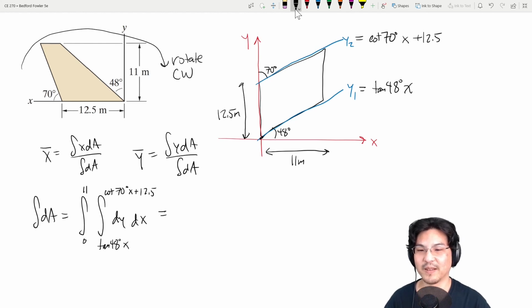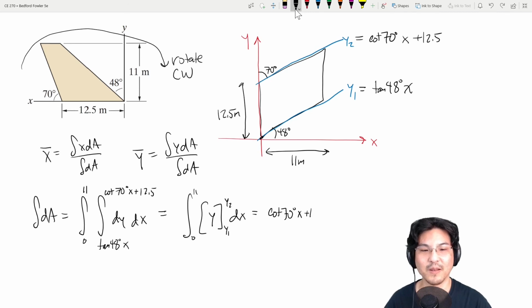Right, so if you integrate dy, it turns into y from y1 to y2. So if you evaluate that, y2 is cotangent 70x plus 12.5 minus y1, which is tangent 48x, dx.